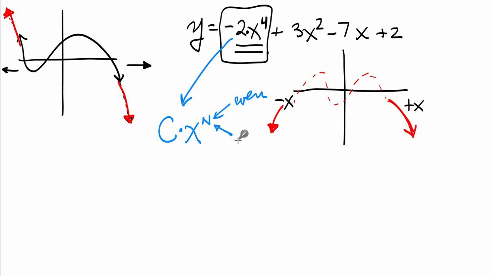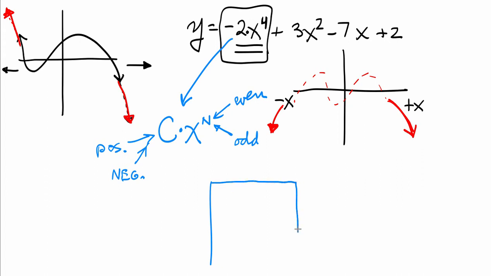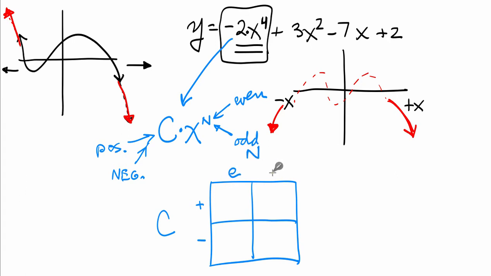The coefficient can be either positive or it could be negative. So putting all these results together, we can summarize in a small table. The coefficient can be positive or negative, and the exponent n can be even or odd.